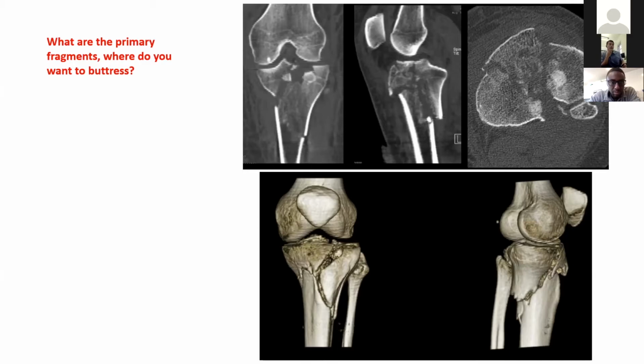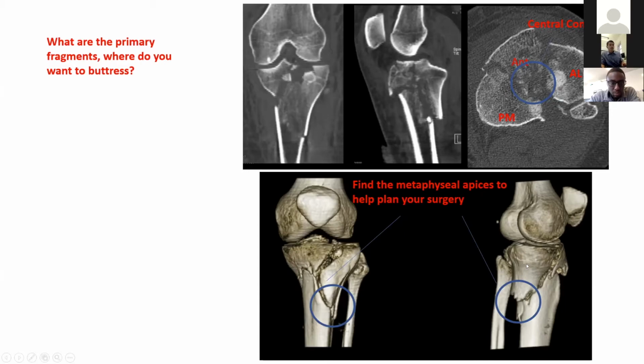I agree with that. So bring up a little fancy thing here. Posteromedial, classic fragment there, apex posterior. That's one that needs buttressing. Anterolateral also has a metaphyseal apex that's exiting. You can see it circled there. That needs buttressing. But that anterior piece is not a classic shear fragment that's come off.